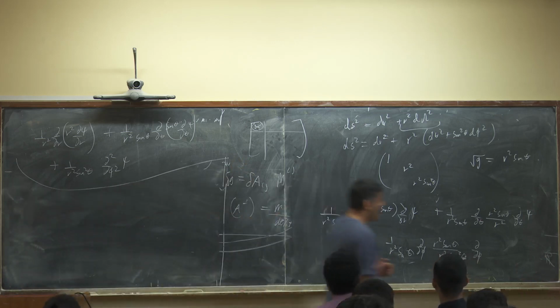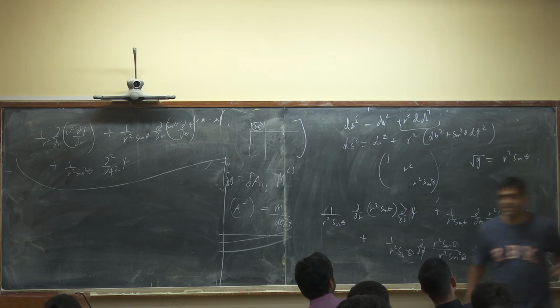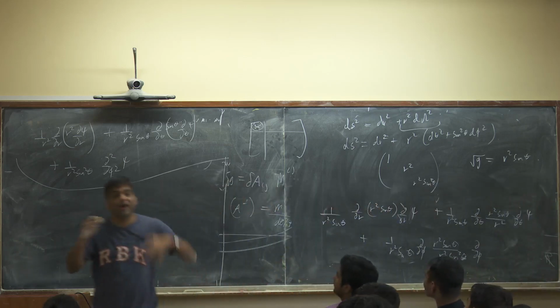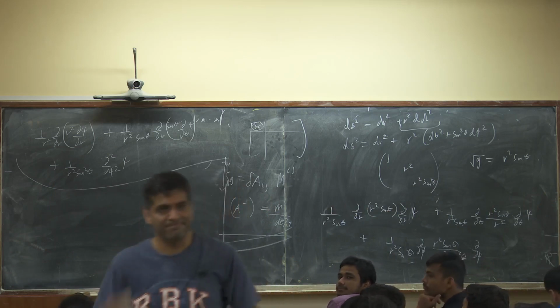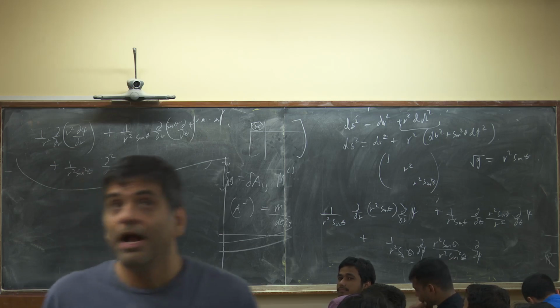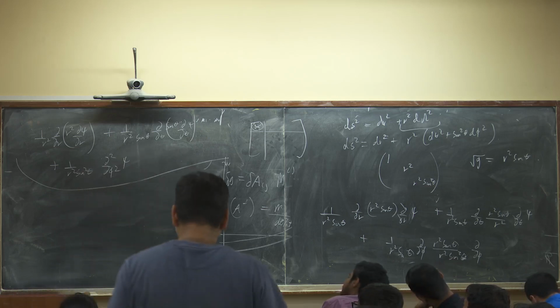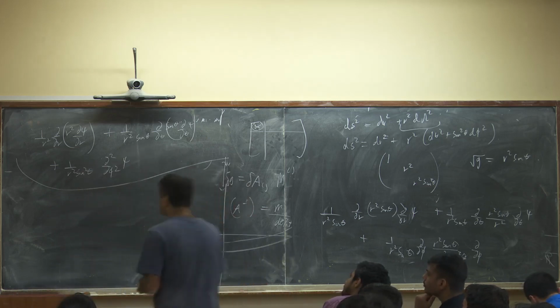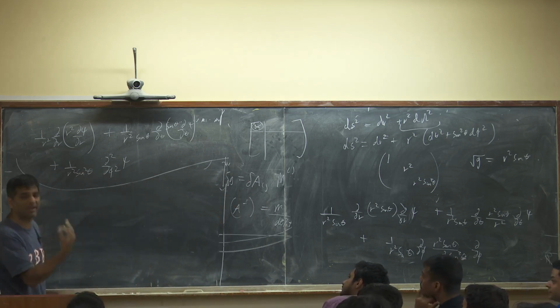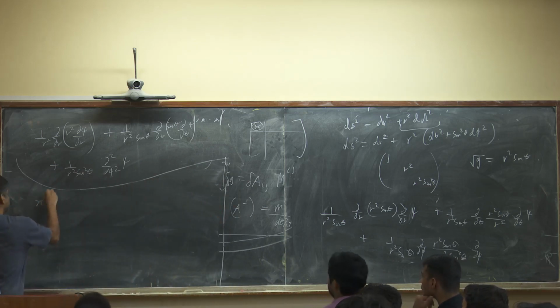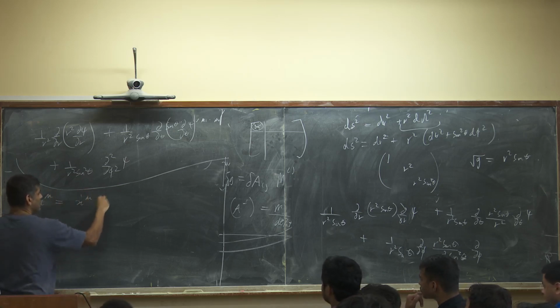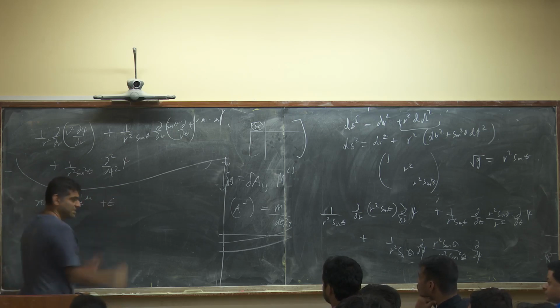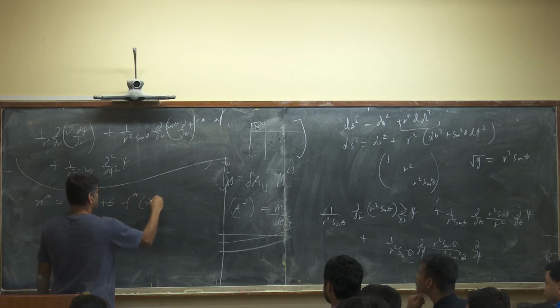So what's a Lie derivative? I've told you about coordinate changes. You go from x mu to x prime. We've talked about general coordinate changes, but it's sometimes useful to consider an infinitesimal coordinate change. So suppose you have x mu is equal to x prime mu plus epsilon, a small number, times f mu of x prime.